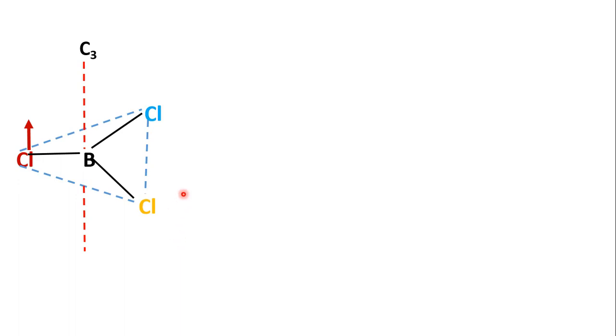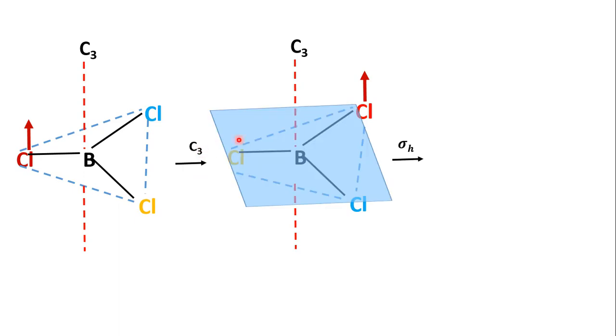BCl3 is trigonal planar in shape, and the C3 axis passes through the boron atom perpendicular to the molecular plane. There is a plane which is perpendicular to the C3 axis.